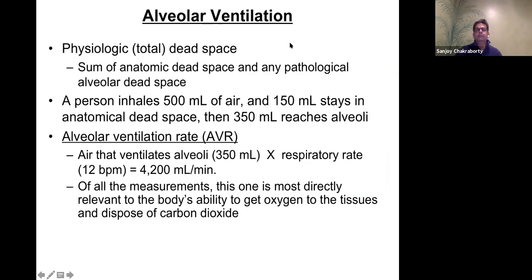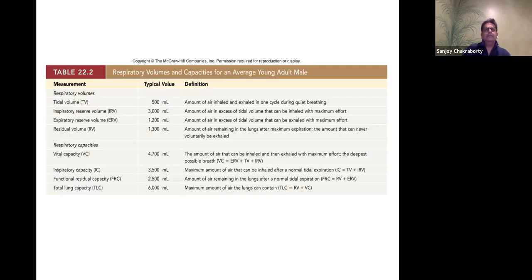Alveolar ventilation, meaning the amount of fresh air. I'm using the word fresh intentionally because we talked about the anatomical dead space. It's simple math. If we go back right here, the tidal volume is the amount of air inhaled or exhaled in one cycle. It should be or. If you put and, the definition becomes a little bit tricky.